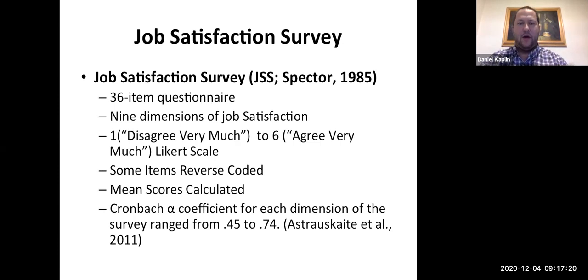So I would talk about what it means to have a 0.45 Cronbach's alpha. To be considered a reliable measure, the Cronbach's alpha should be 0.7 or higher, right? So the fact that this is lower than 0.7 is concerning for whatever dimension that is.